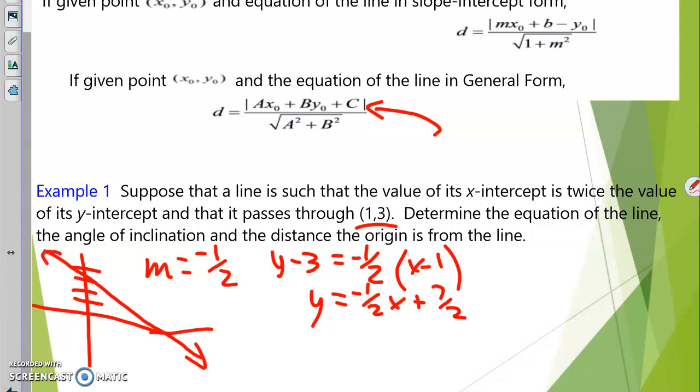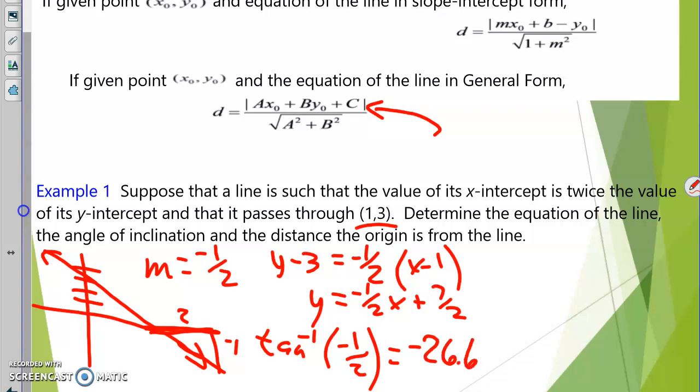The first thing they ask me to find is my angle of inclination. We know that if we have a slope here, let's make a little triangle. The slope is going to be -1 over 2. So if I find that slope, I'm going to take the inverse tangent of the opposite over the adjacent, which gives me an angle of -26.6.